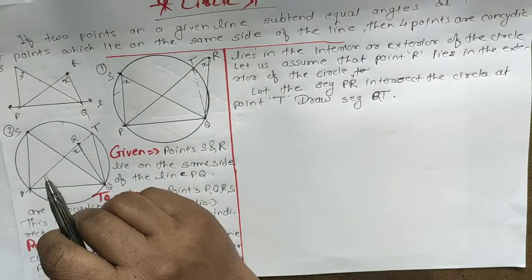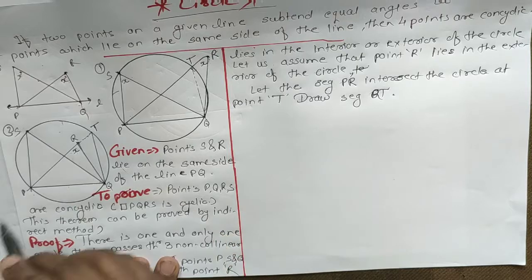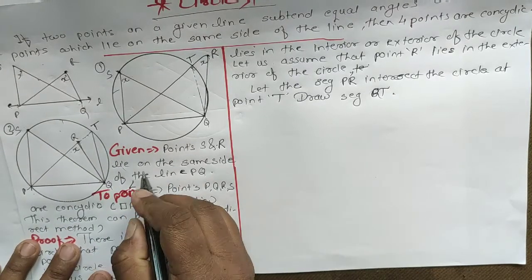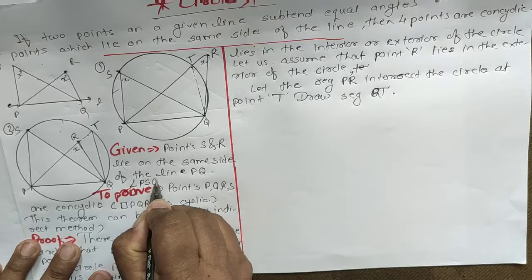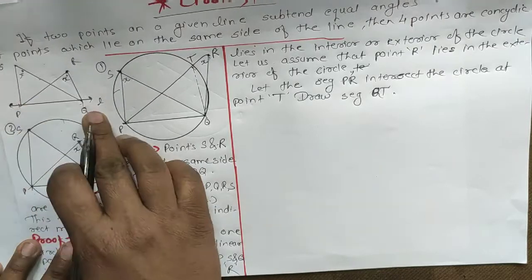Now what we have to do, as we know, what they gave us is given inside these two angles. I forgot to write here angle PSQ is congruent to angle PRQ.